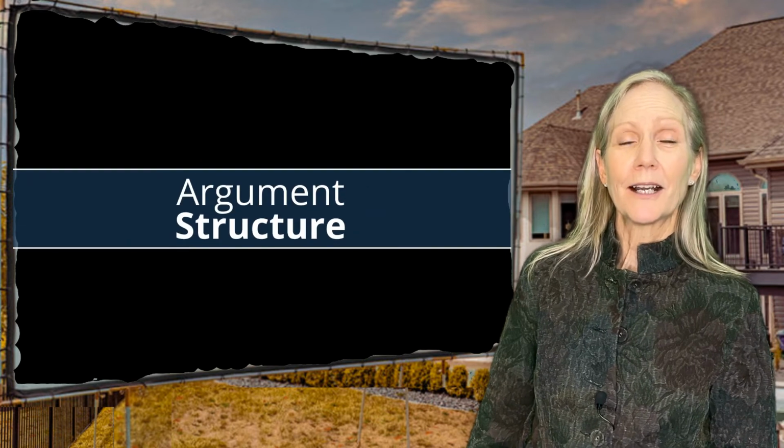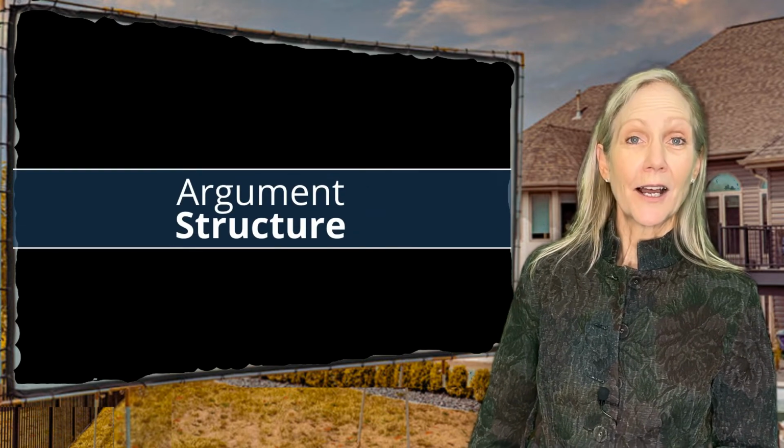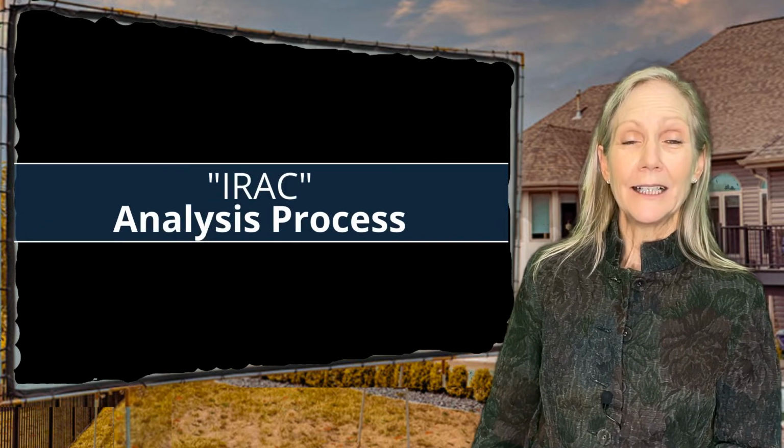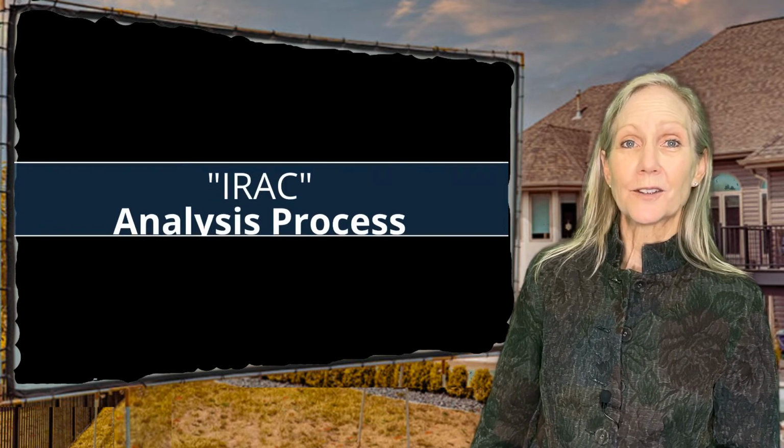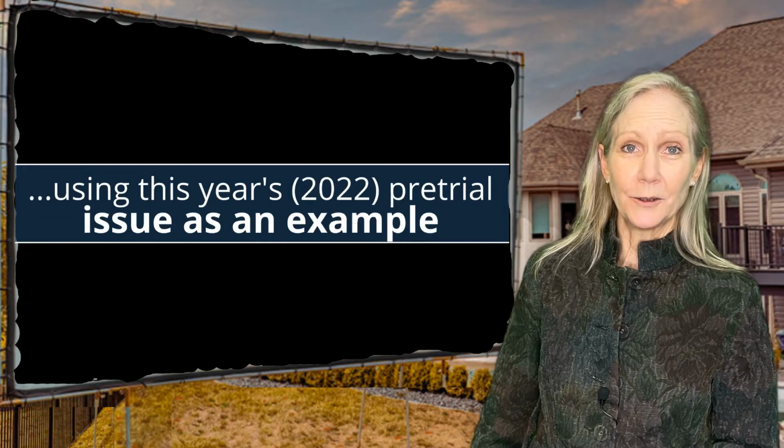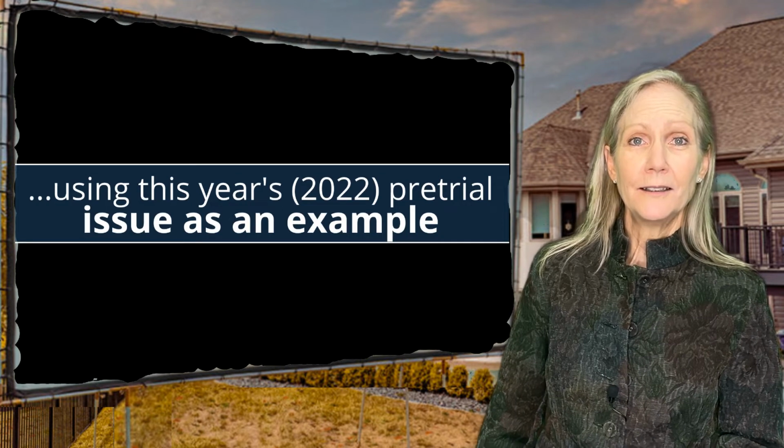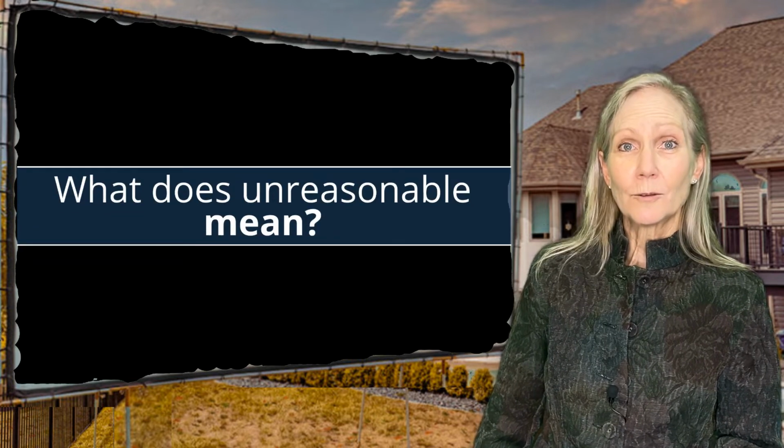Now let's talk about how we argue the entire pretrial motion, or how we talk about any case. The analysis process that lawyers use is called IRAC: Issue, Rule, Analysis, Conclusion. Under the Fourth Amendment, the right is against unreasonable searches by the government. If we had no other cases to look at for the law, that would be our rule.